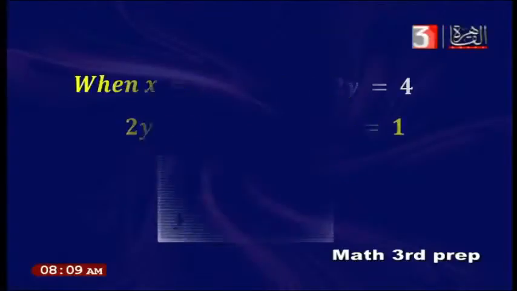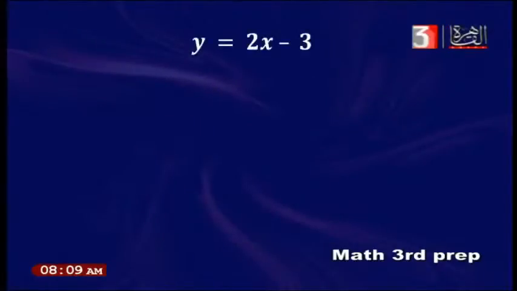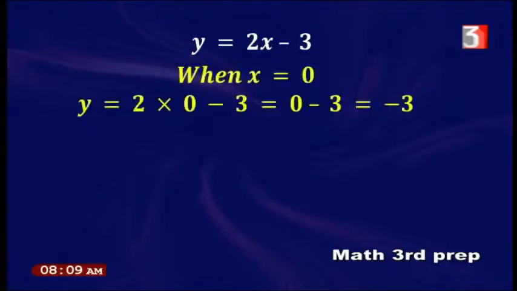And then, when y equals 2x minus 3, I want to represent this relation graphically. So we are going to substitute for the values of x. When x equals 0, then y equals 2 times 0 minus 3 to obtain a result of 0 minus 3, which gives negative 3.